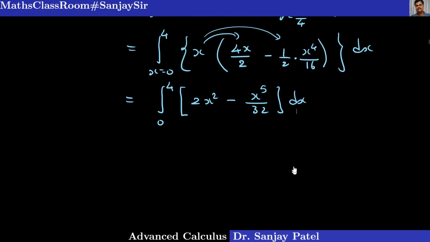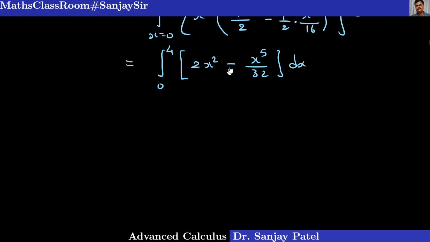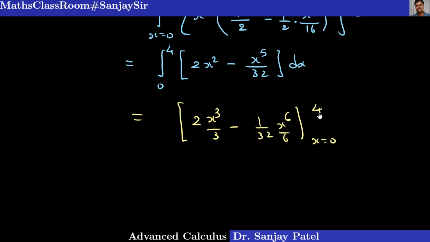So it becomes now a very easy problem of integration of a function of a single variable. So the integral of 2x square is 2 into x cube by 3, and 1 upon 32 is constant. The integral of x to 5 is x to 6 by 6, and x varies from 0 to 4.